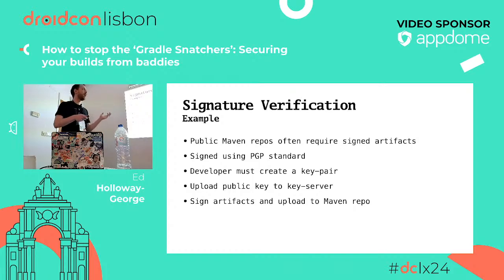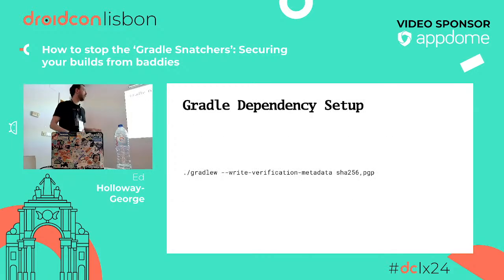So when the dependency author has signed them, how do we then verify that the dependencies they've uploaded are the ones we've downloaded? Well, we use another step within the previous command that we've seen before. In this case, write verification metadata SHA-256 before, which was the dependency verification, and the PGP, which is now the author.